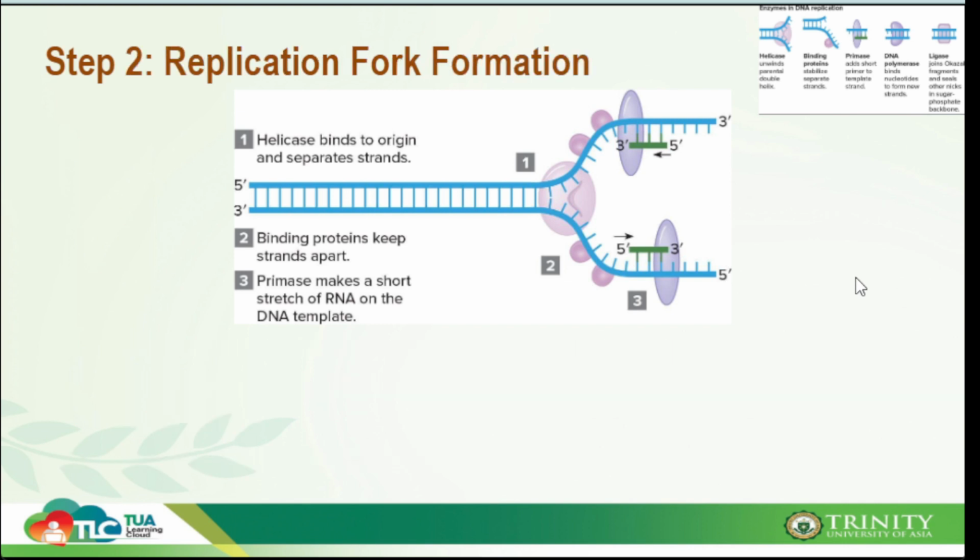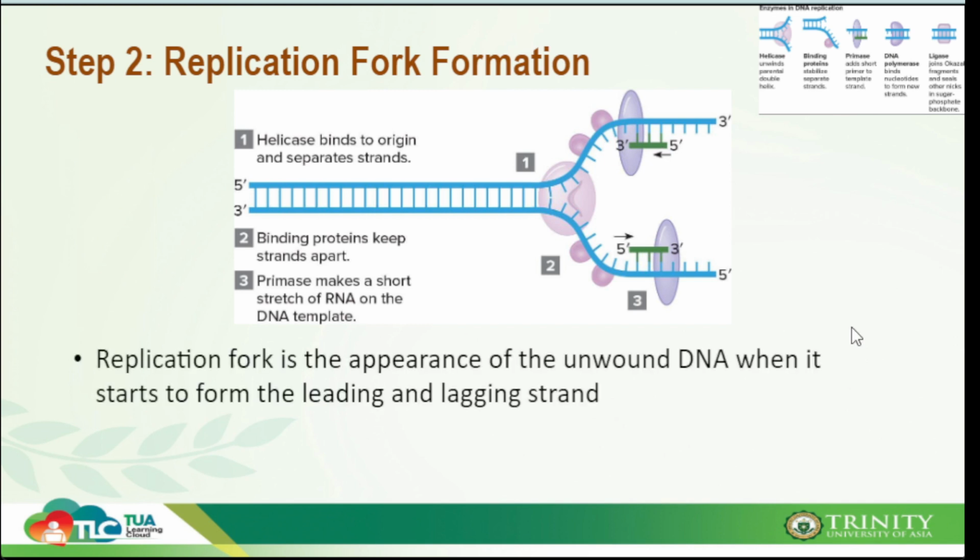Now, after we open up the parent DNA and we start to create a new RNA strand, ma-form yung replication fork formation. What is the replication fork? It is the appearance of the unwound DNA when it starts to form the leading and the lagging strand. So, yun daw. Ano ba yung leading and lagging strand?